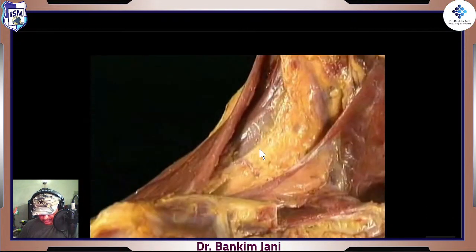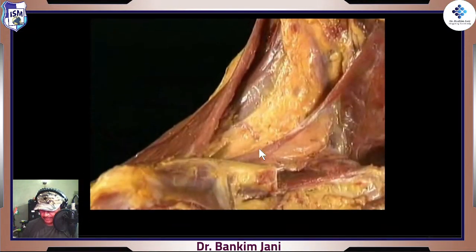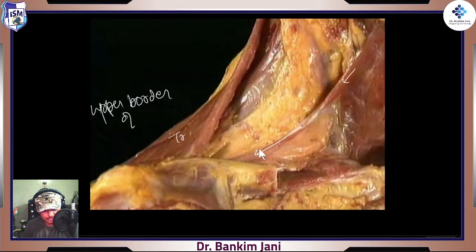Regarding the omohyoid, here it is. This is the omohyoid. It has this double belly, and it goes underneath the trapezius, and it inserts on the upper border of the scapula.